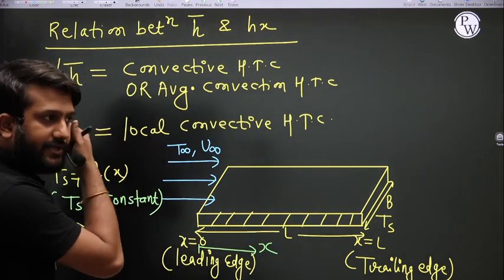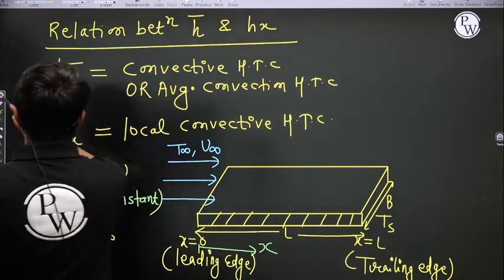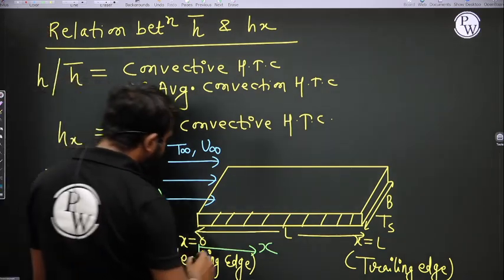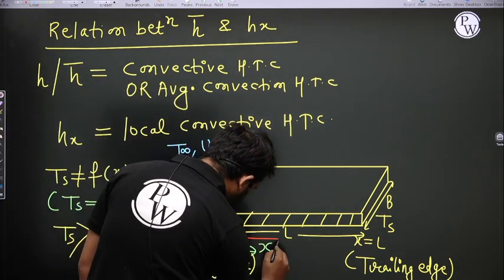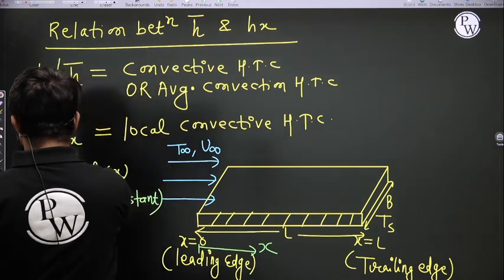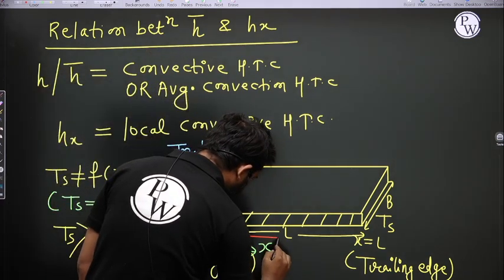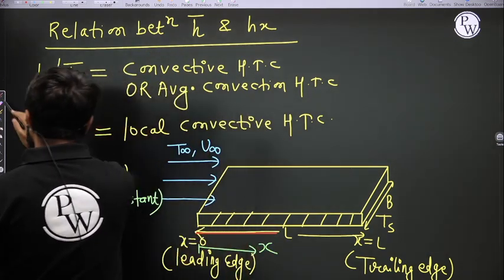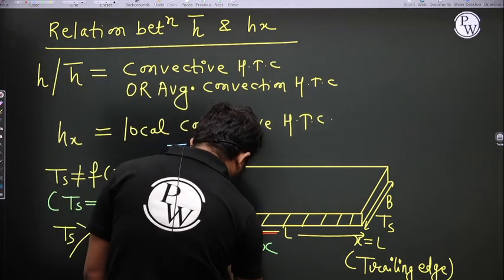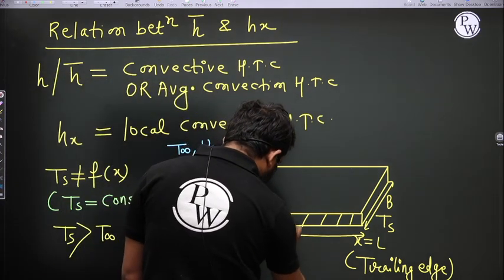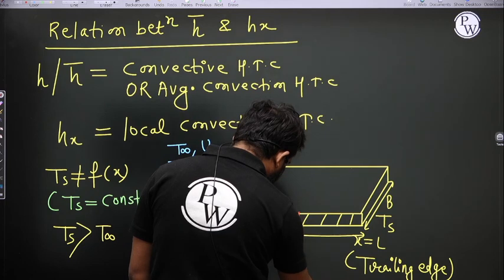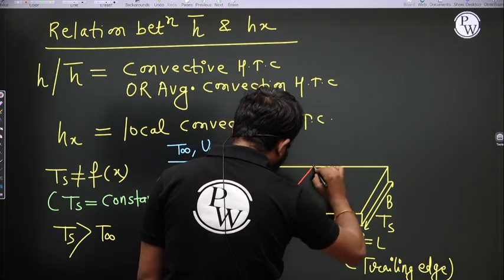Okay, now see here. Let us consider a distance x from the leading edge. This is the distance x, and I am taking a very small element here.